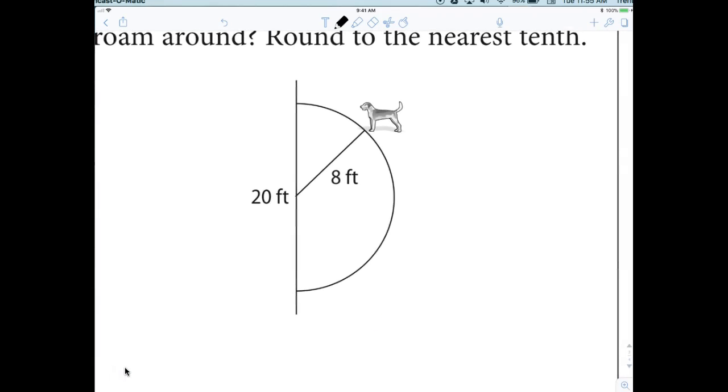Well, look up at the picture. Do you understand, like, this is a wall, right? That's a wall. And they put his leash on the wall. So the question is, how far can the dog roam around?